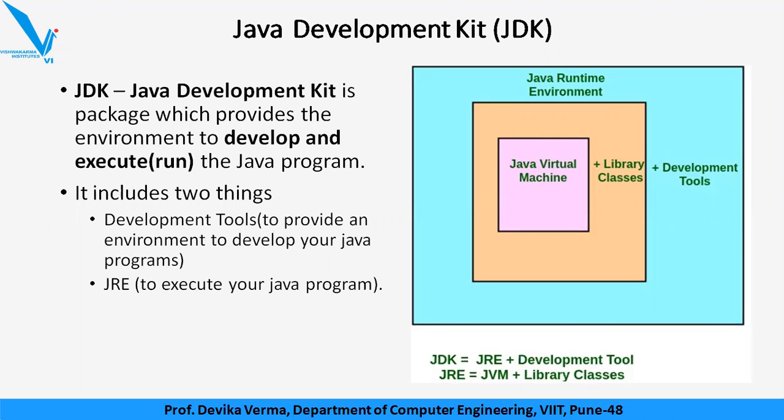All the development tools which are required, the complete package, gives you the Java development kit. It provides an environment to both develop and execute Java programs. I hope you understood the difference between JDK, JRE, JVM, and all of them.